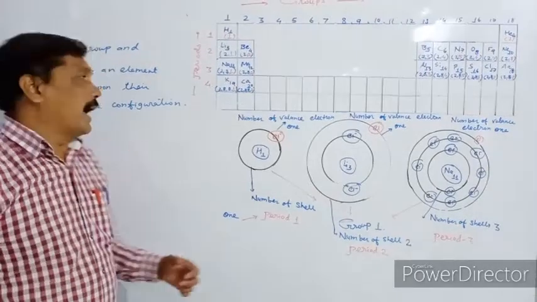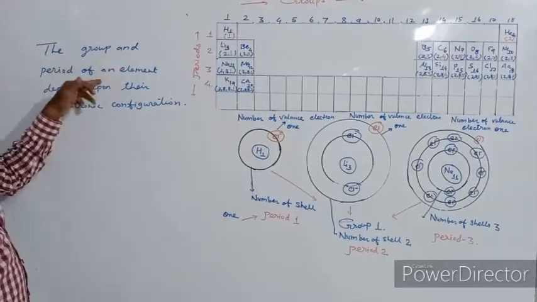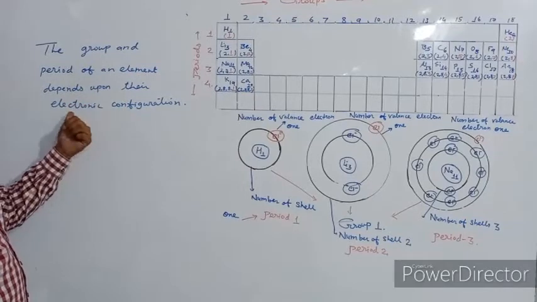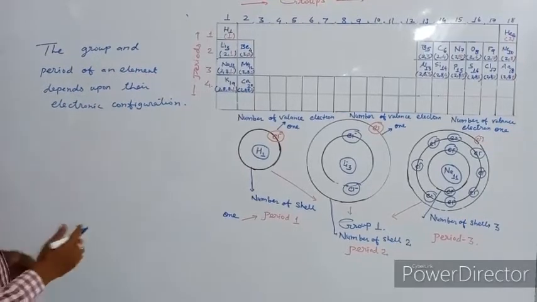We can say that the group and period of an element depend upon their electronic configuration.